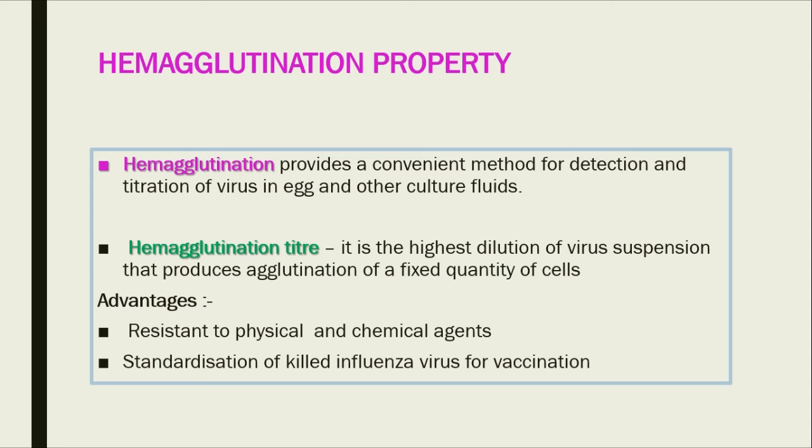And in these test tubes, we will add virus suspension or the patient sample in increasing dilutions. The first tube will have a high quantity of virus, and towards the last test tube, the amount of virus will decrease. And in all these test tubes, we will add an equal amount of RBC suspension.